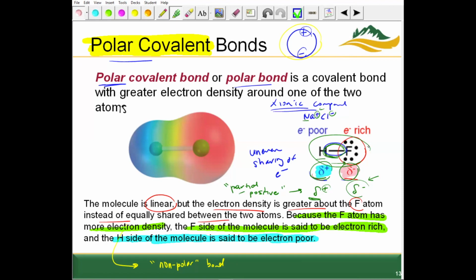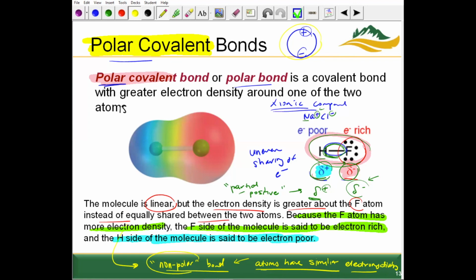When there is a difference in the electronegativities of the two atoms, that's when we have a polar bond. If the two atoms in a bond have very similar electronegativities, that's when we have a non-polar bond. So atoms having a similar electronegativity will have an essentially non-polar bond.